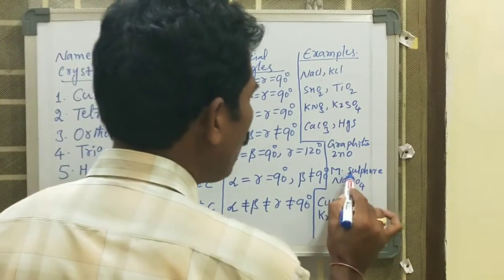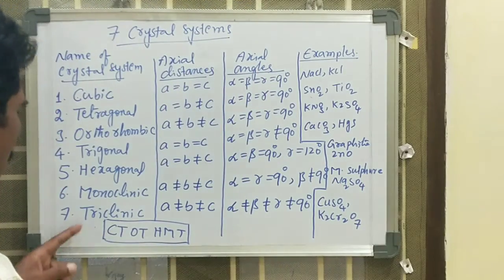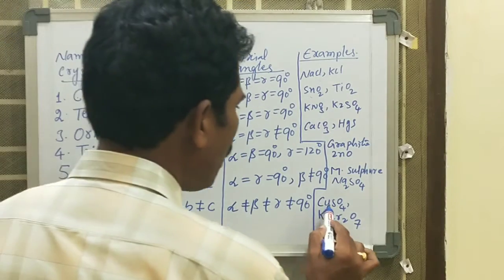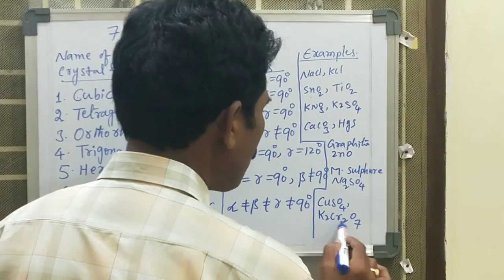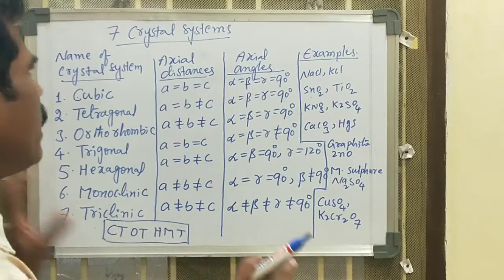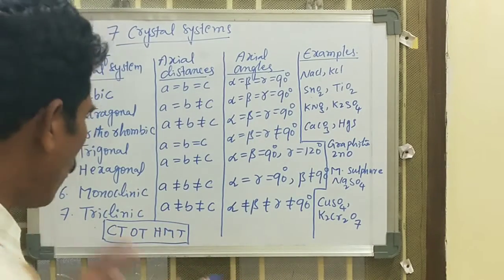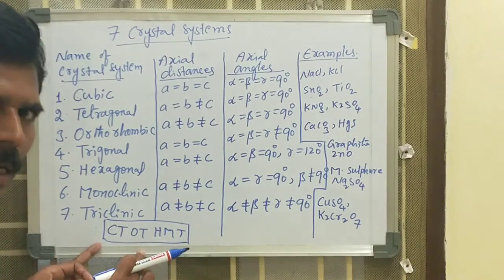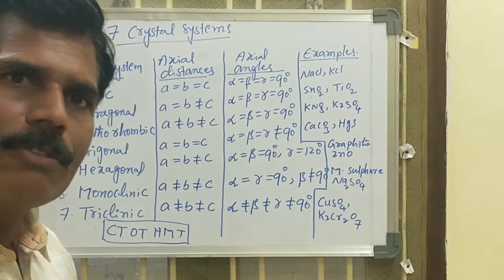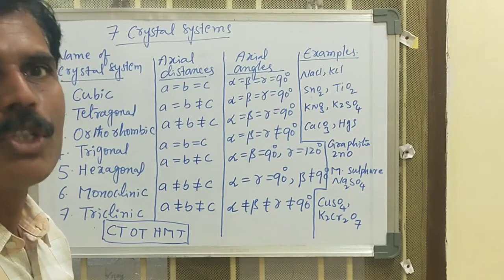Monoclinic, sulfur and sodium sulfate. Triclinic, copper sulfate and potassium dichromate. Right? And a complete table was there in front of you. You practice more than five times orderly based on this trick and try to remember, so that every time you get a good score.